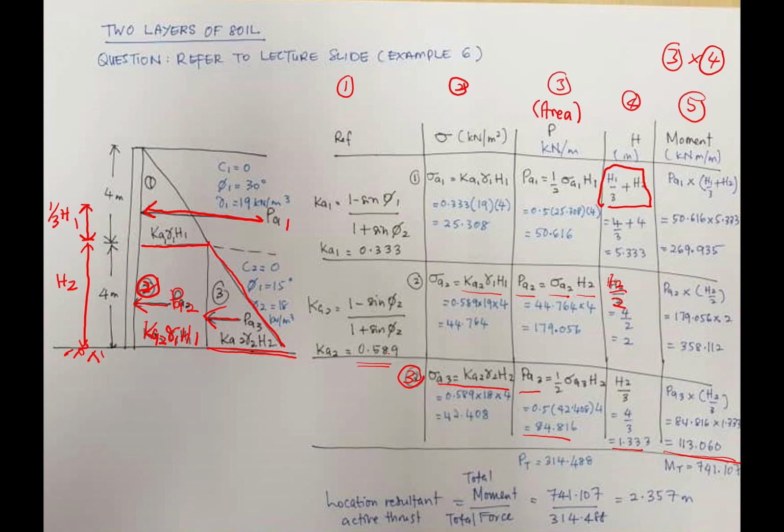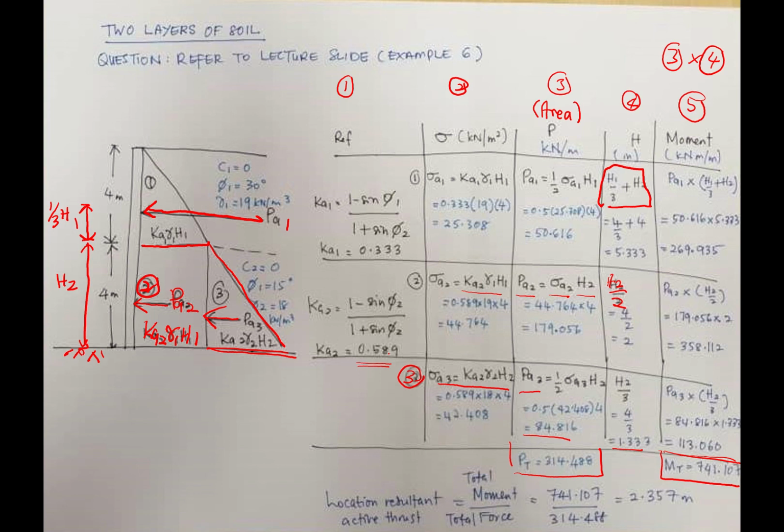Next is to total up column number 3 to get P total, and total up column number 5 to get the moment total. For the location of the resultant active thrust, calculate total moment divided by total force. So you get 2.357 m.